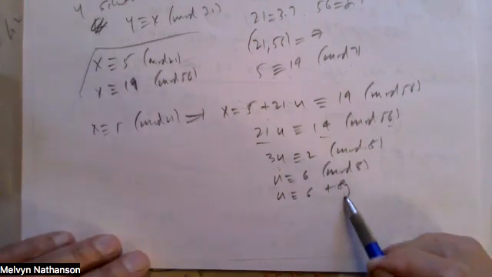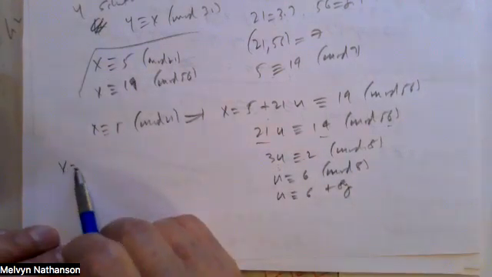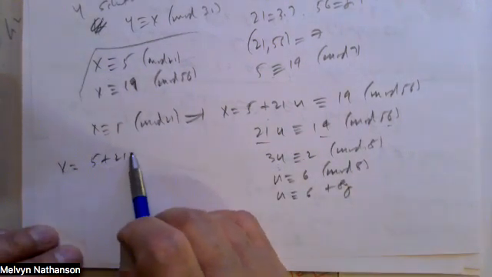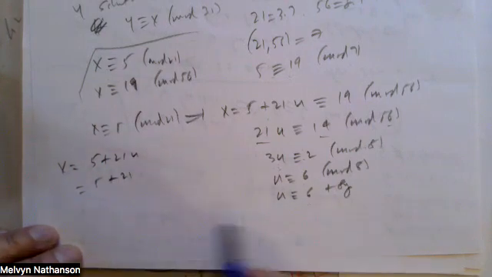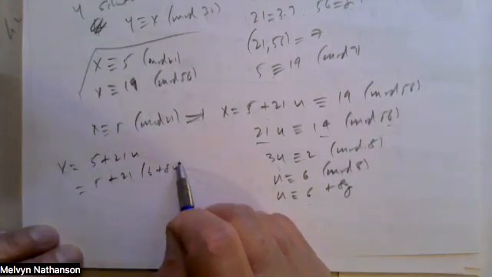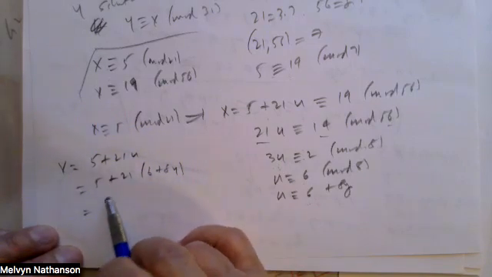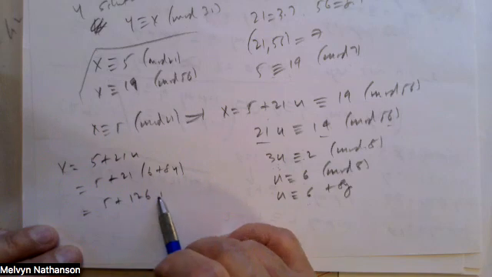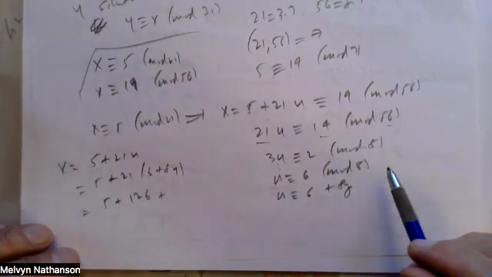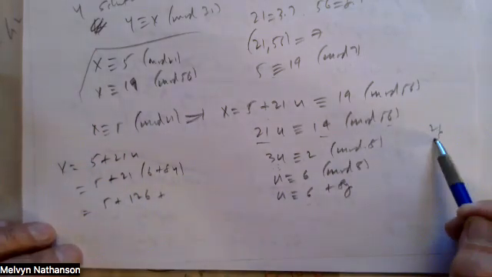So x, which is 5 plus 21u, is 5 plus 21 times u, and u is 6 plus 8y. This is 5 plus 126. Let's see, what is 21 times 8?